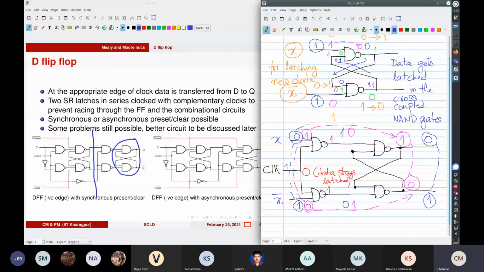This is what you get. So that gives you the essence.